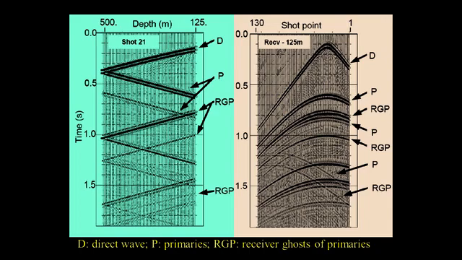The receiver ghosts can be distinct from primaries and multiples, as illustrated here. Moreover, the early developments of VC imaging algorithms tend to use receiver ghosts of primaries instead of primaries themselves, because they provide a better illumination of the subsurface. So the multiple attenuation methods developed for VSP data must be reappraised for VC data.